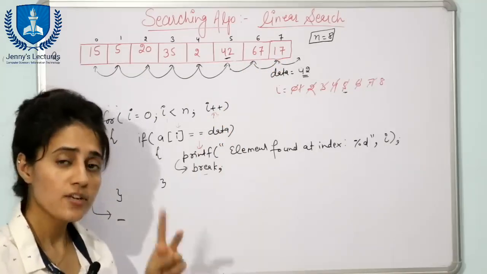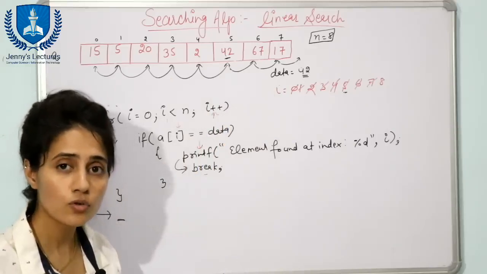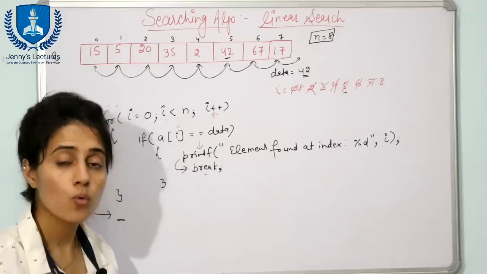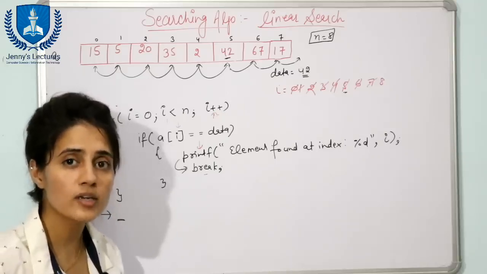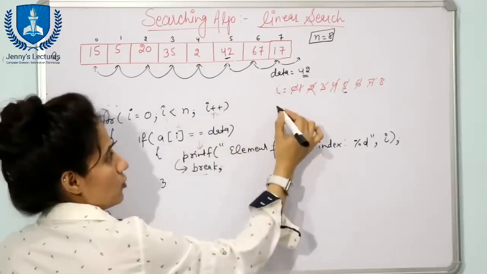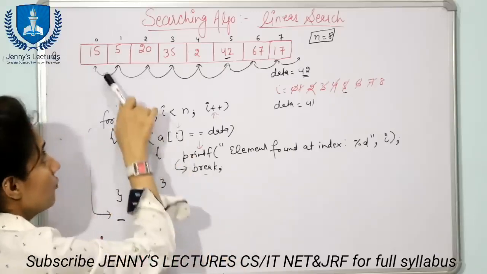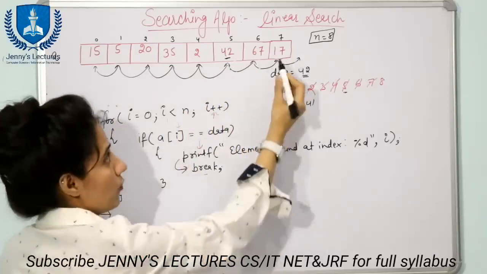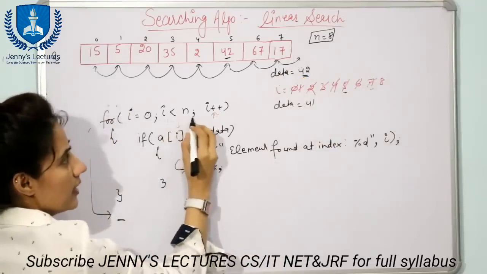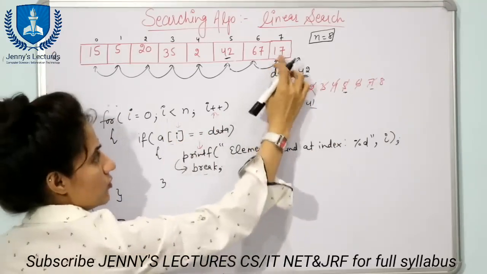So now the next case is if the element is not present in the list, in the array, then what will you do? Then you will print what? Element not found, right? Now where and how to write that condition? See, suppose we are going to search data equal to 41 and that 41 is not present. Now finally when I is equal to 7, 7 is less than 8, data is 41, A of 7, is this 41?